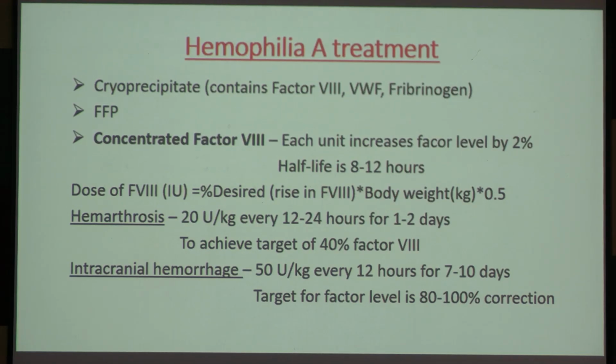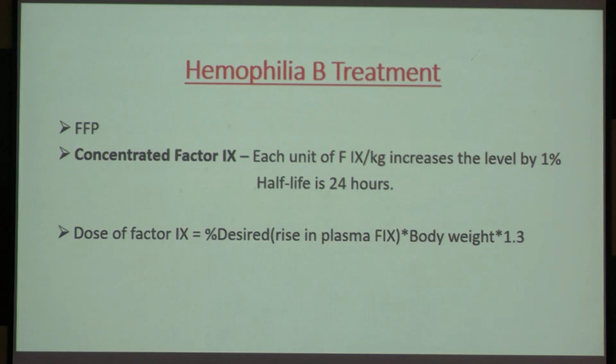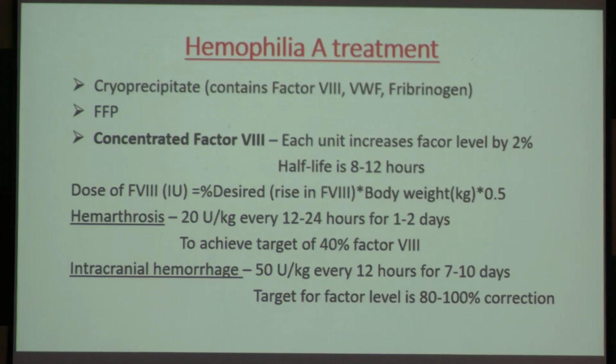And cryoprecipitate we can give, that contains factor 8, von Willebrand factor, fibrinogen. So, we will get factor 8 in cryoprecipitate. And FFP. Again, in FFP we will get factor 8. In hemophilia B, we can give FFP and concentrated factor 9. But we will not give cryoprecipitate because cryoprecipitate does not contain factor 9.